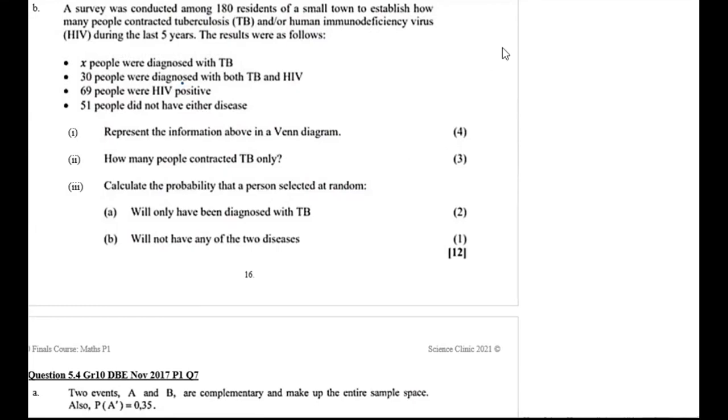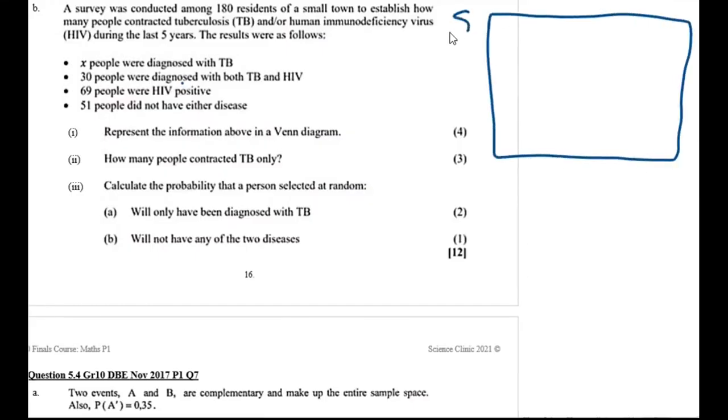So I'm going to draw my Venn diagram here quickly. And we can fill in the information as we go. So remember, you've got your entire sample space, and here we're talking about TB. So I'm going to call that T, and HIV, we're going to call that H. Okay. It says X people were diagnosed with TB. Guys, please, I want you to take note. The word only is so important in Venn diagrams.